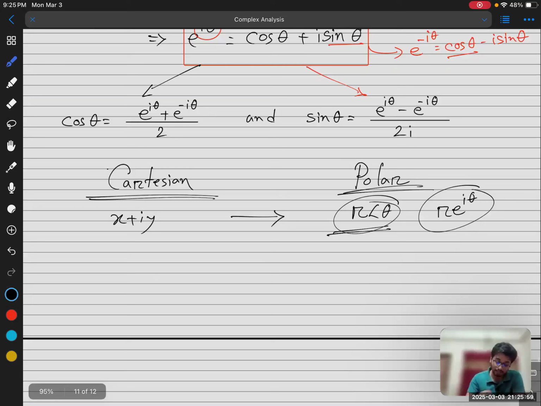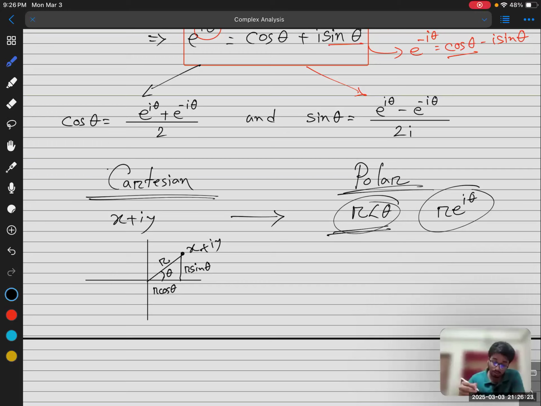If we consider this as our point x plus iy, and this is going to be our modulus, that means r, and then this is our theta. So this is r cos theta, taking the horizontal component, and this is r sin theta, taking the vertical component.